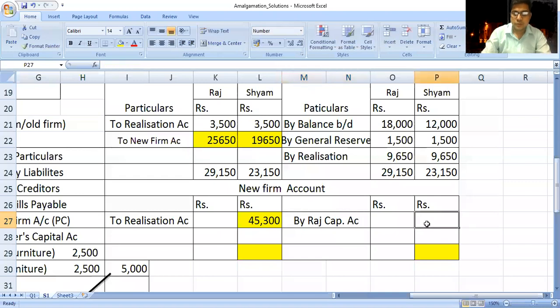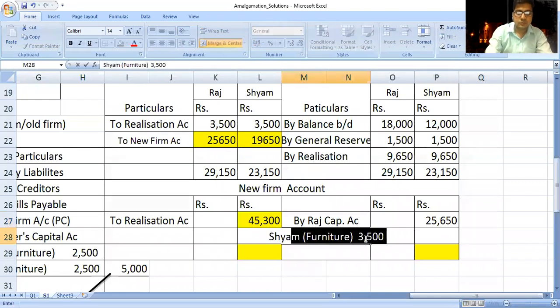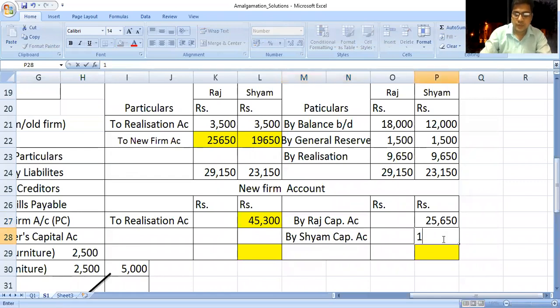Amount is 25,650. Then by Sham's capital account. It is 19,650.